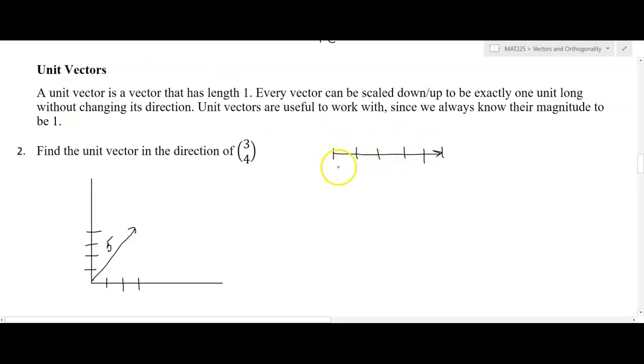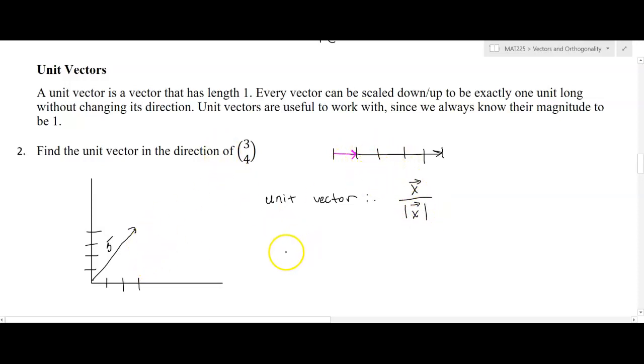And if I just take one of those segments, that vector right here still points in the same direction as the (3, 4) vector, but it has unit length. So what do we need to do to it? We need to divide it by its magnitude. So the unit vector is simply the vector itself divided by the length of that vector. Right? So that's essentially what we're doing here.